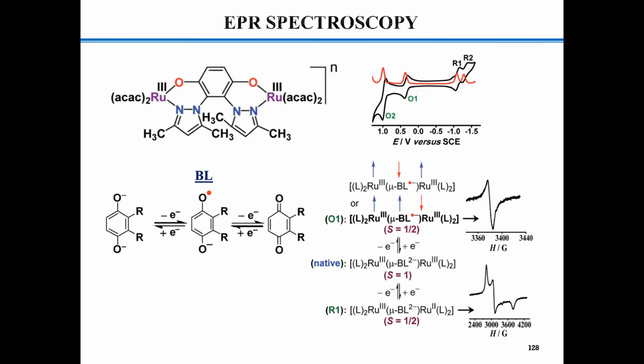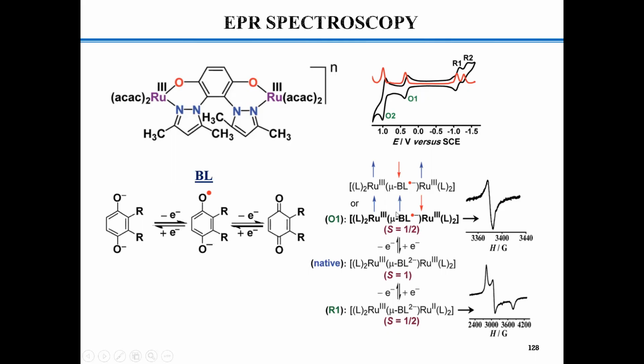But here, the EPR suggests a radical spectrum, and a radical spectrum cannot be interpreted by 1-2 coupling, then you should have the anisotropic metal-based EPR. So a radical spectrum could only be interpreted by 1-3 coupling instead of 1-2 coupling.